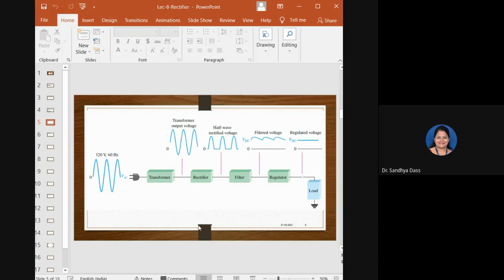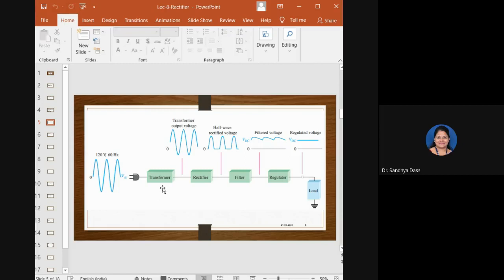Generally that 230 volts has to be stepped down, which happens from the transformer. So the transformer generally steps down the voltage. Again, it depends on the application; if the signal has to be stepped up, then accordingly the transformer can be used to step up the voltage as well.